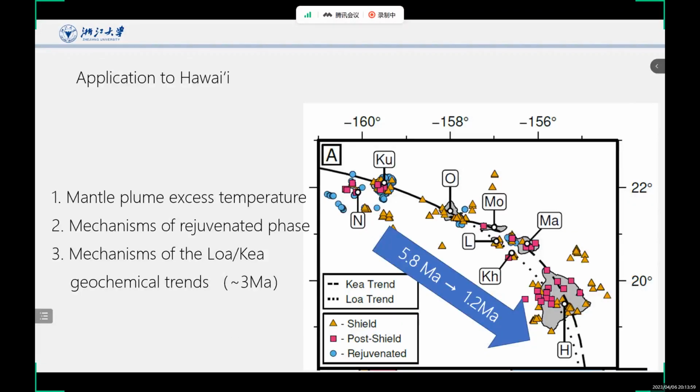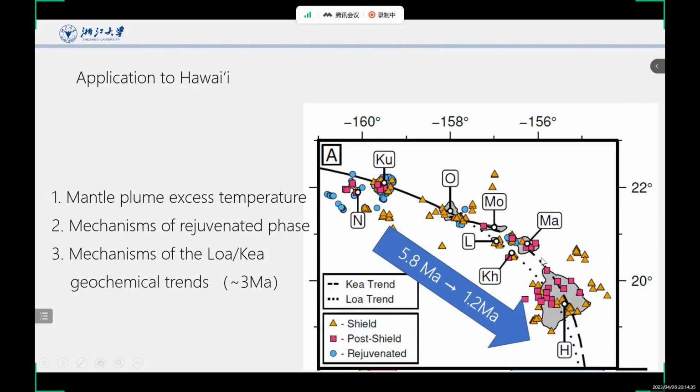And the second application is they apply their model to Hawaii. So the Hawaii volcano chain has been present from 5.8 million years to 1.2 million years. And there are two different geochemical trends, which are called the Kea trend and the Loa trend.